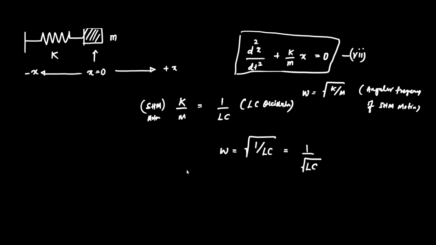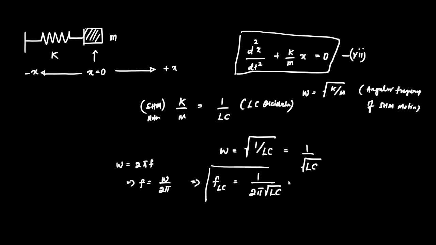Now we know that omega, angular frequency, is equal to 2 pi f. That implies f is equal to omega by 2 pi. That implies f of LC oscillations is equal to 1 by 2 pi root over of LC. And this is in radians per second.